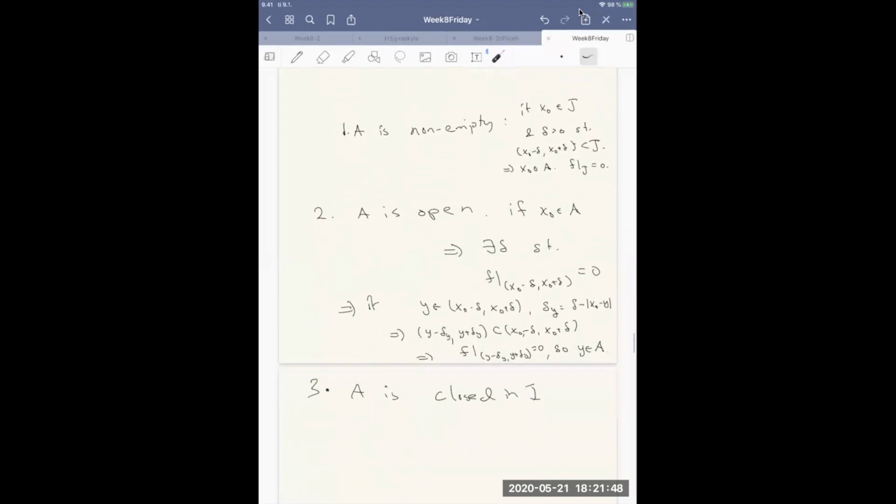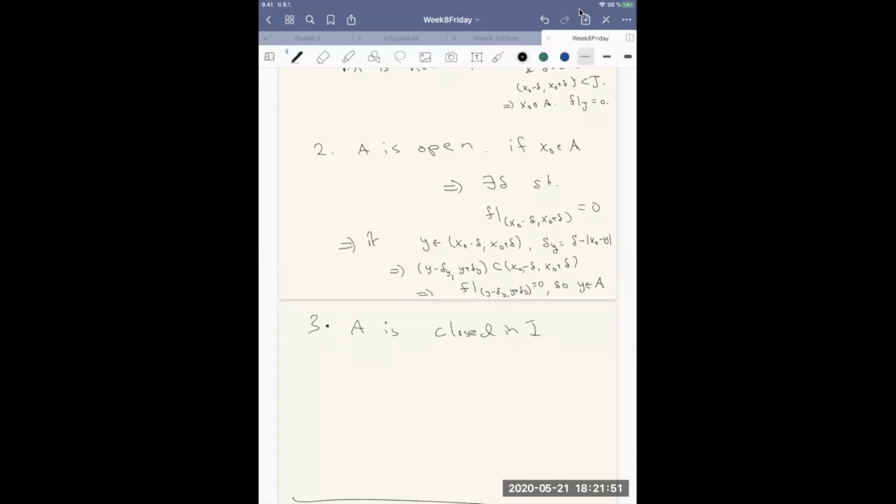So next we have to show that it's closed in I. Remember, I is an open interval in this problem, so you have to talk about the relative topology. Closed in some space means that if x_n is a sequence of points in A that converge to some x in I, then x is in A. Well, there are two cases.